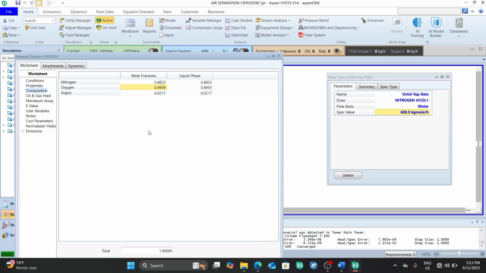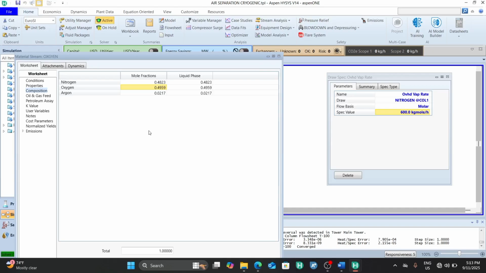So 198.36 all over 209 multiplied by 100 gives us 94.9.